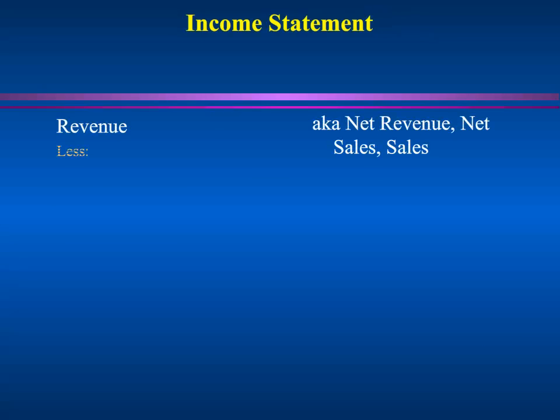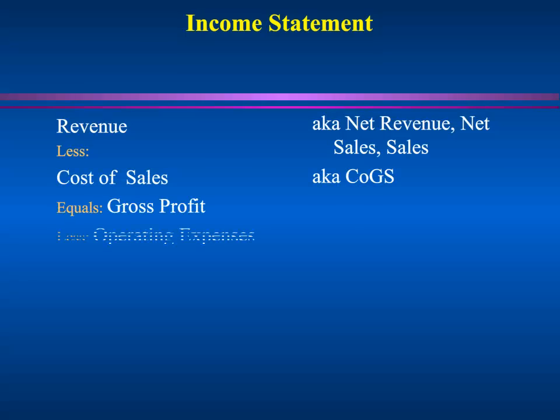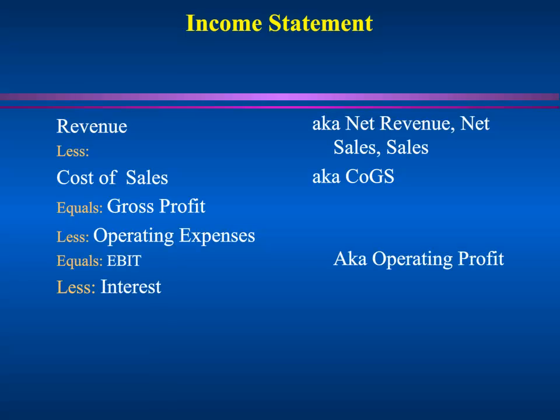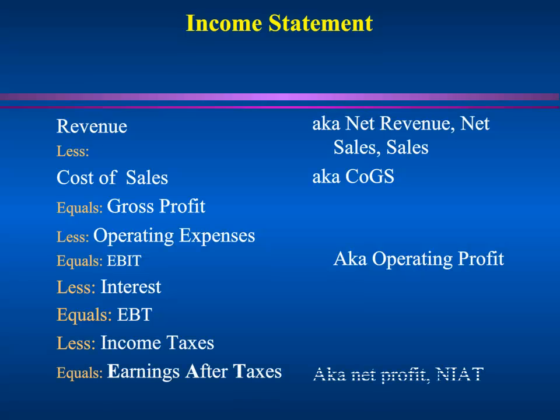First off with the income statement, we have revenue, money that comes in the door for things we do, minus our cost of sales. Up until now, you may be familiar with cost of goods sold. We'll talk a bit more about that in a minute. It's going to equal our gross profit, and most financial conversations have something to do with gross profit when we start looking at a company.